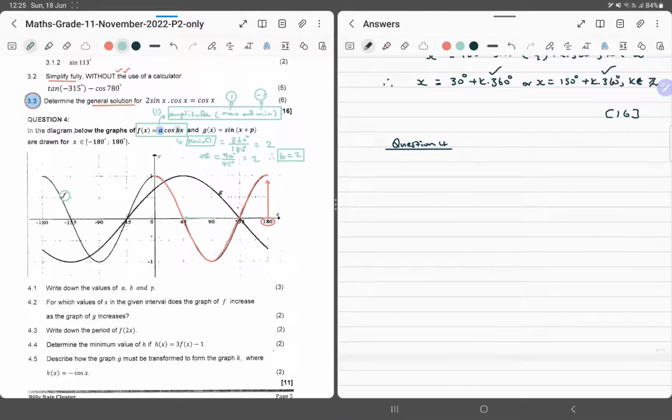Let me just remind you. So the critical values for these graphs is basically 90, 180, 270, and 360.